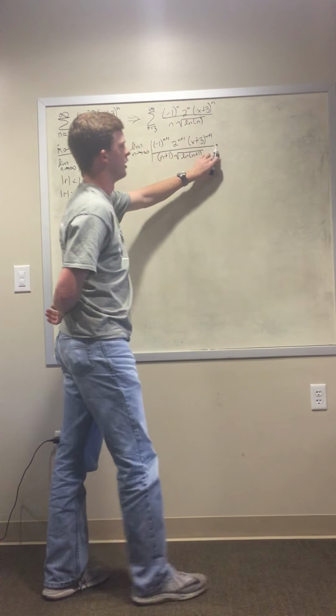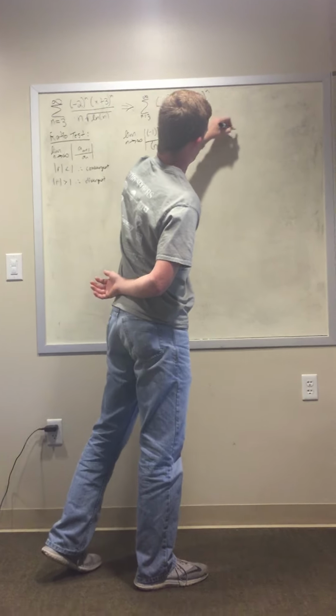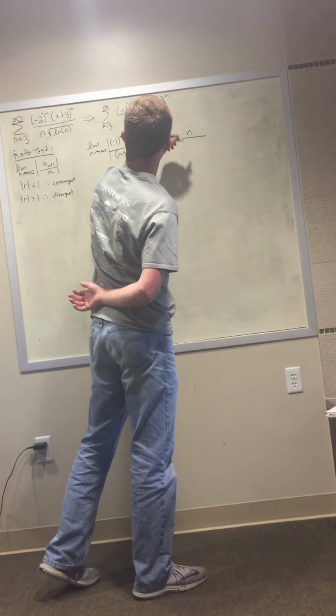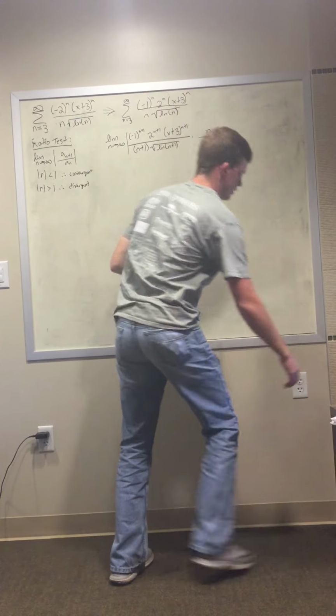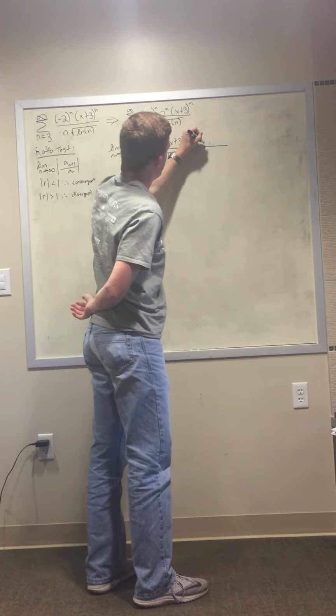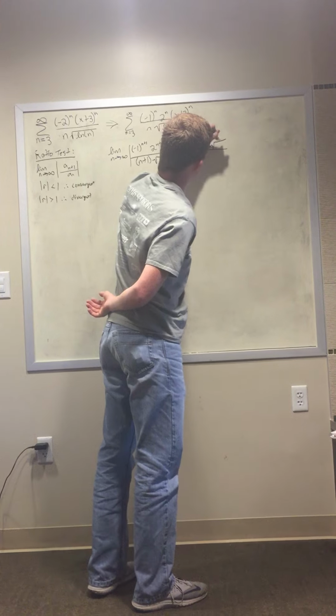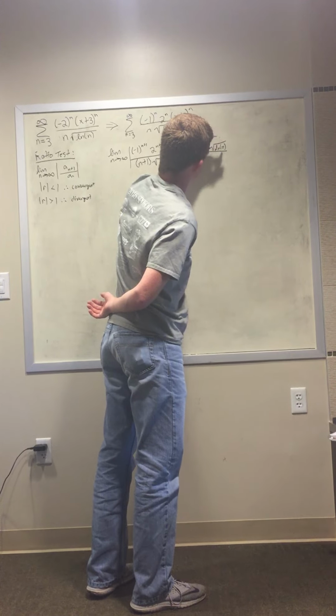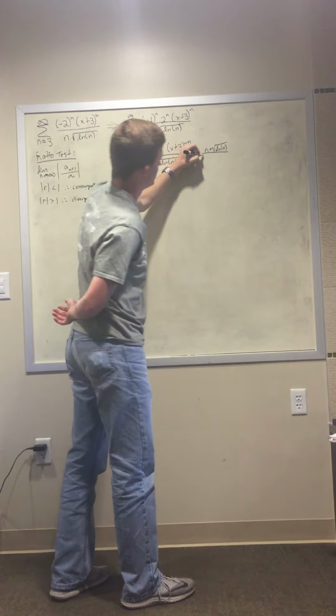And then we're going to multiply by the reciprocal, which will be n over, or n rather. It will be n square root of ln of n over the top, which will be minus 1 to the n times 2 to the n times x plus 3 to the n.